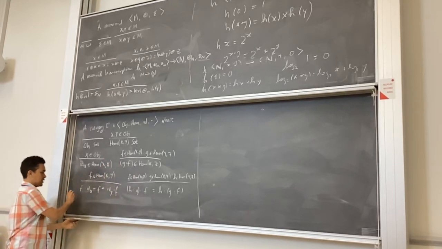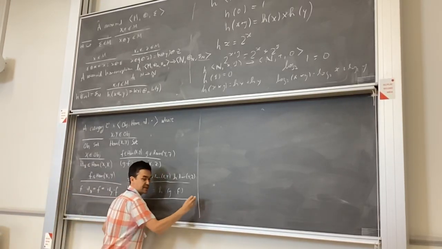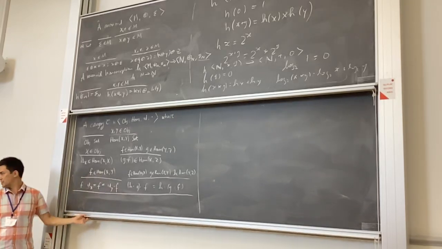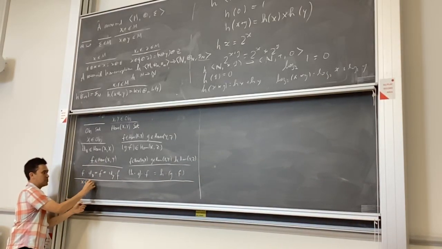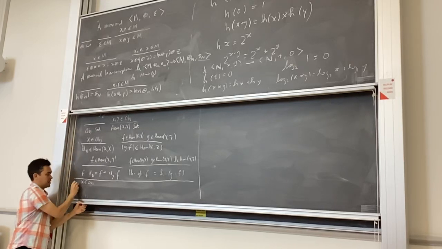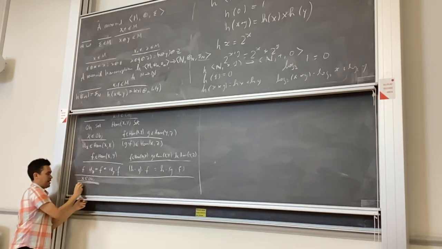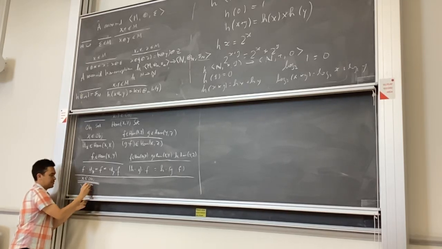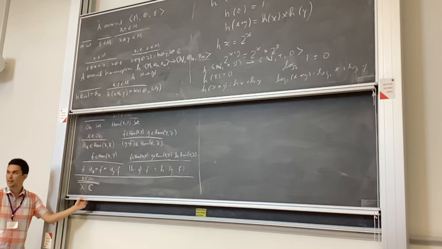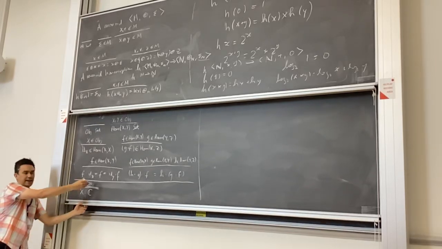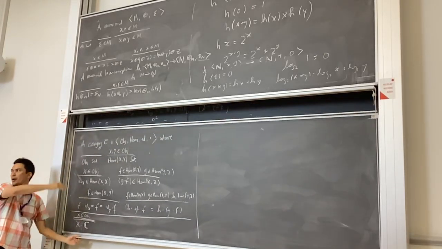But I want to have notation that allows me to work with different categories at the same time. So instead of writing x is in Obj for some category C, I'm going to write x : C. That means x is an object in the category C whose set is Obj of C.